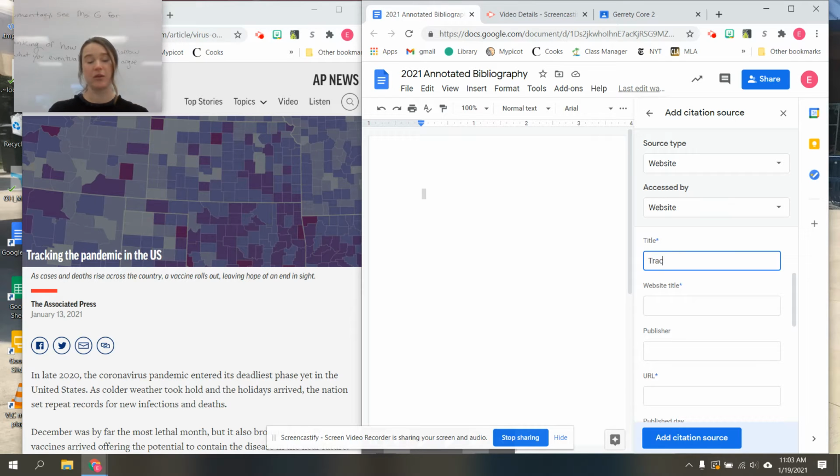Now, it drives me crazy that AP News does not capitalize their titles. I will get over it. However they write it is the way that you should write it. When in doubt, when it comes to capitalizing, it's probably better that you capitalize as opposed to not.